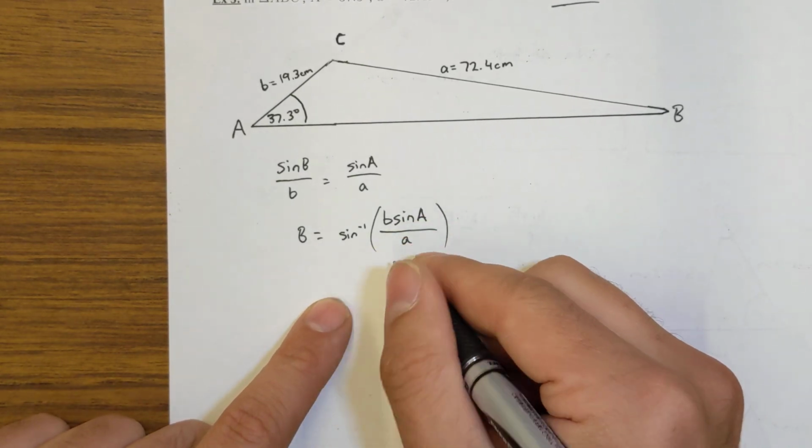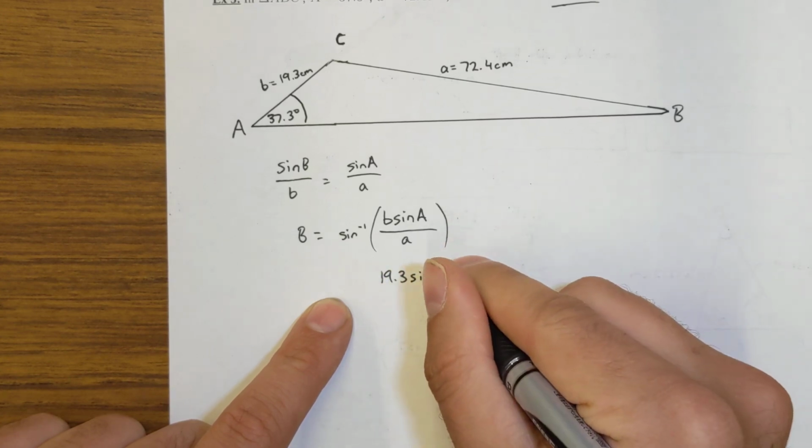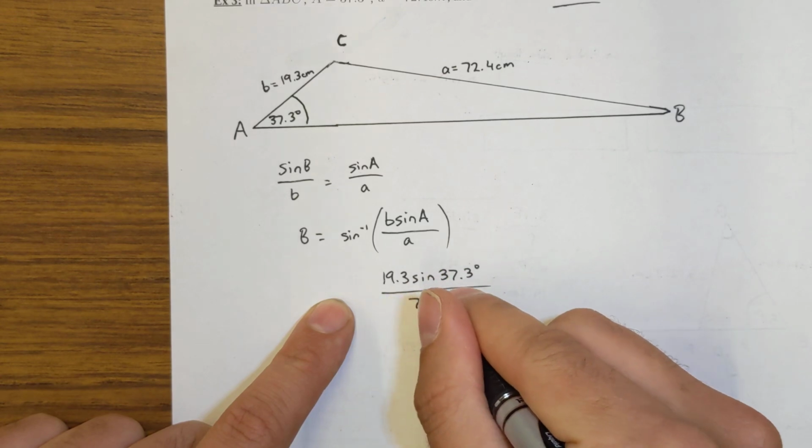I will plug in our numbers, 19.3 sine 37.3 degrees, all over 72.4.